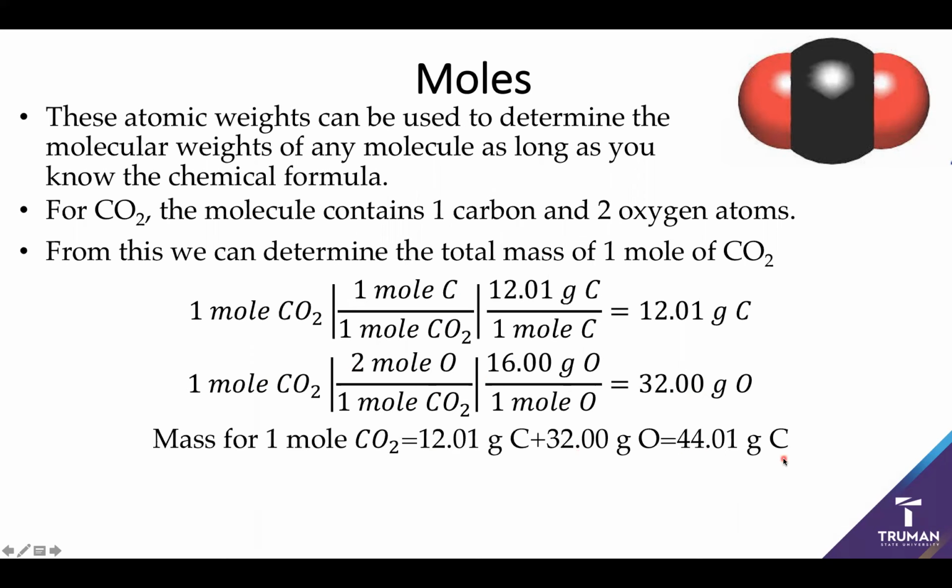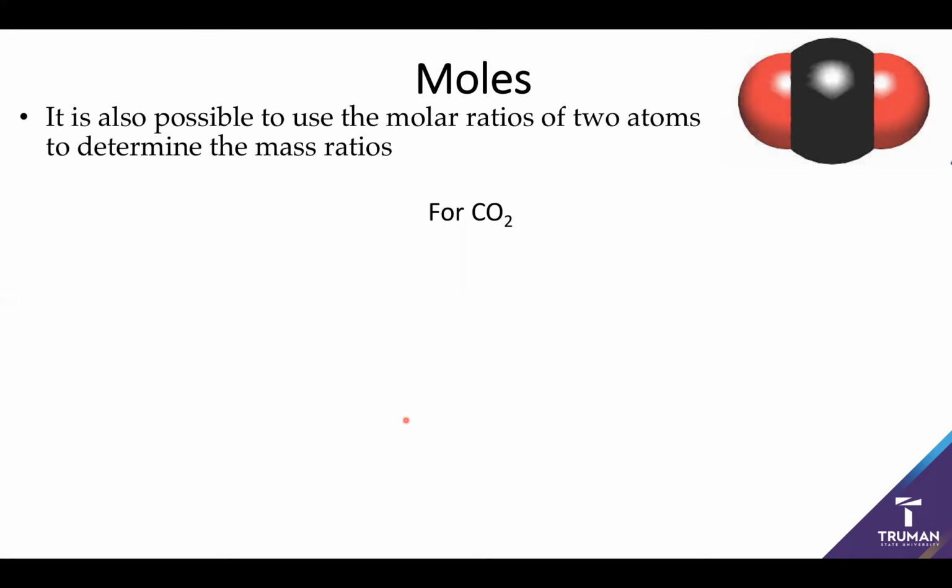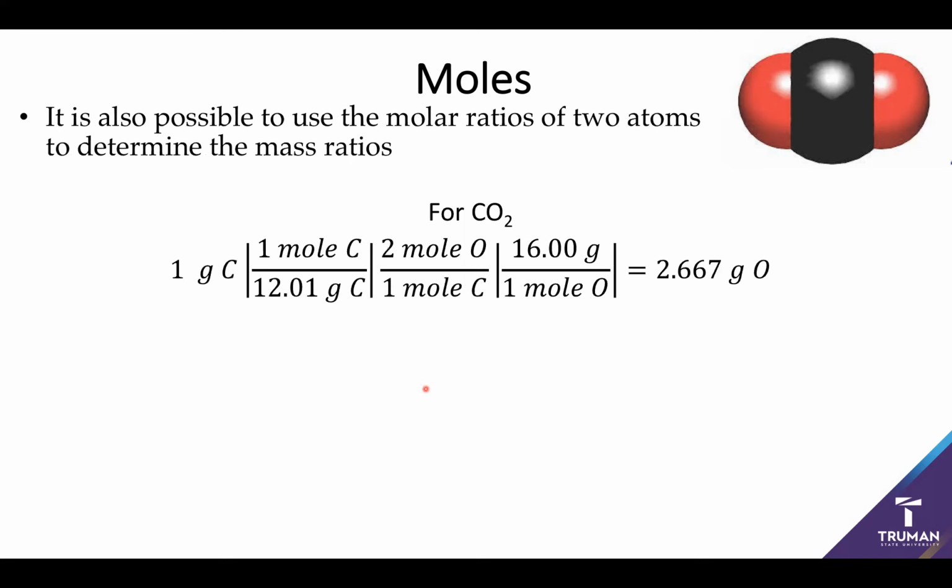It's also going to be possible for us to use mass ratios, such as you're able to determine with Dalton's law, turning those into molar or atomic ratios of atoms. So let's look at CO2. If I have 1 gram of carbon, each mole of carbon has 12 grams of carbon, so I'll set it up so the grams cancel.